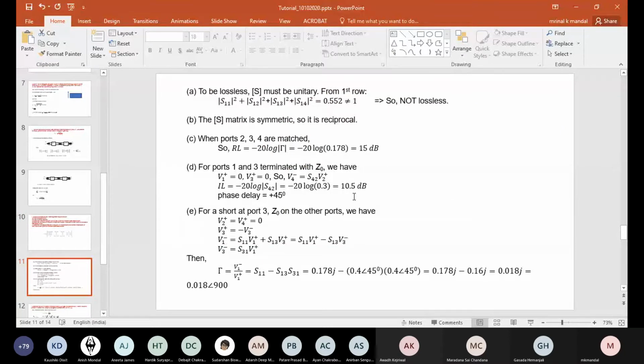So it is okay. From 2 to 4 and 4 to 2, it is minus 45 degree. Since they are saying it is a delay represented by a plus symbol, 45 degree delay. So that is actually equal to minus 45.